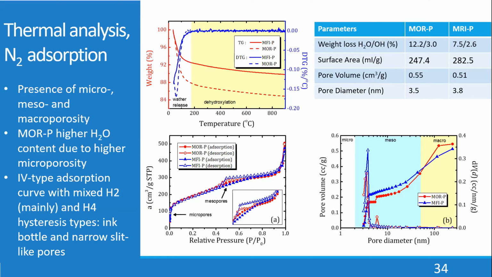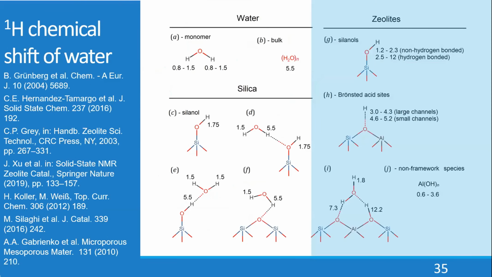By NMR, we can study the dynamics of water molecules and their interaction with the inner space. It is known that the chemical shift of water protons is very different depending on whether the water molecule is a monomer, bulk water, or interacts with a surface. So the chemical shift may vary from 0 to about 12 ppm.